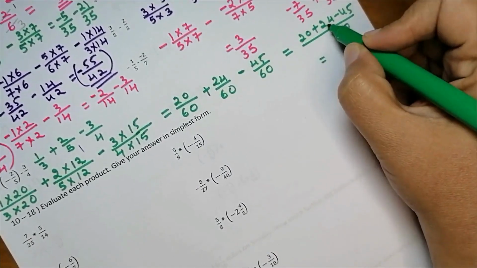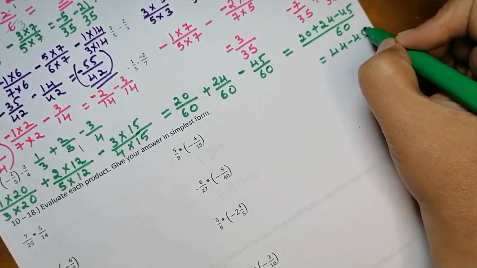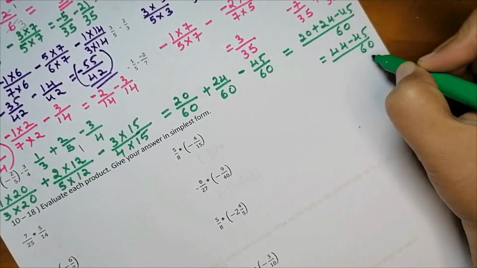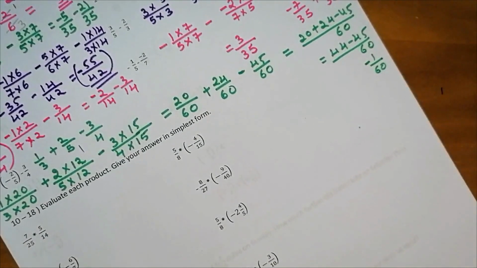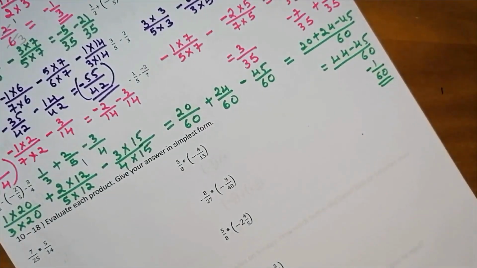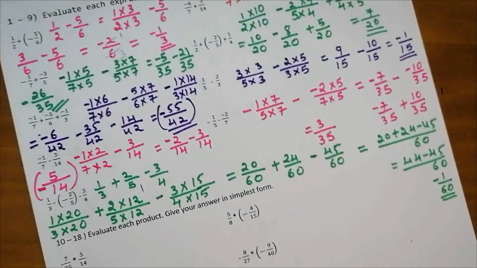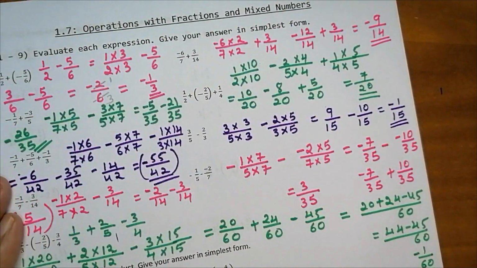So this is 20 and 24 is 44 minus 45 over 60, right? Which is minus 1 over 60. Okay, so this is the answer over there. Okay, so this is what we were supposed to do here in this section.